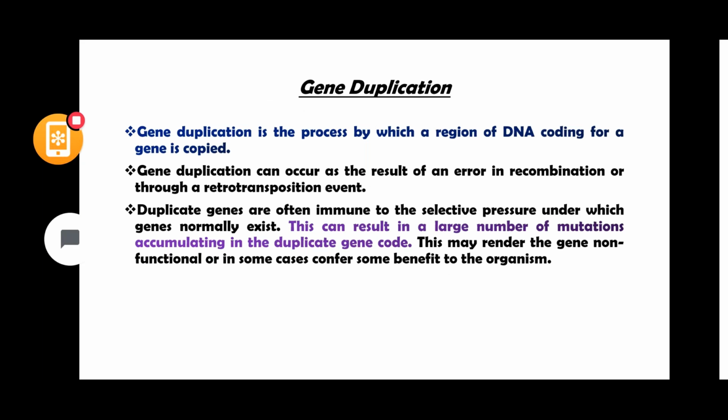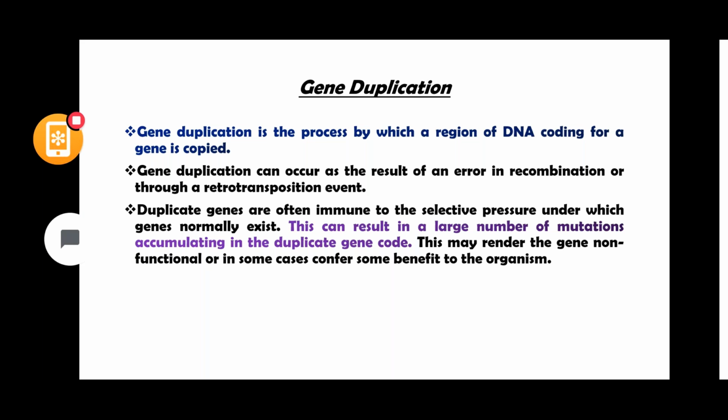Now we will go through gene duplication. So what is gene duplication? Gene duplication is the process by which a region of DNA coding for a gene is copied, meaning it has been duplicated, it has been multiplied.